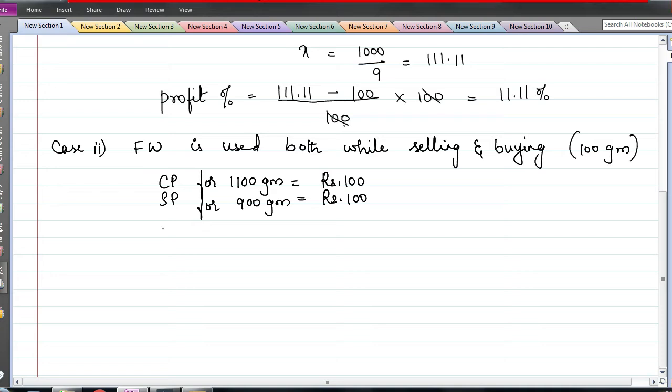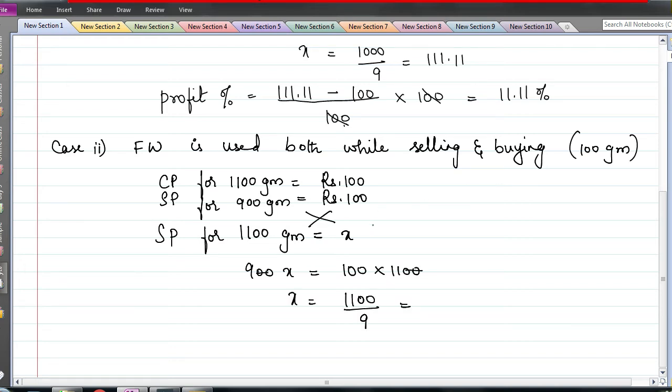Let us find the selling price for 1100 grams, because the comparison should be for the same quantity. Let me take this as x. So 900 into x is equal to 100 into 1100. x is equal to 1100 divided by 9. We get 122.22.